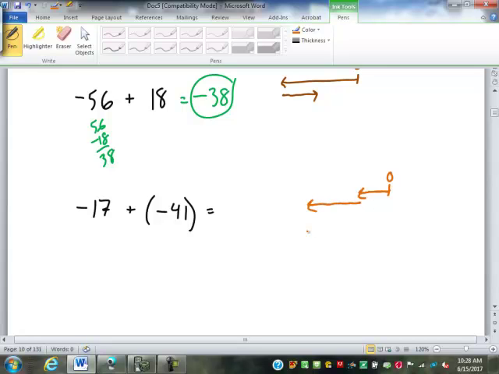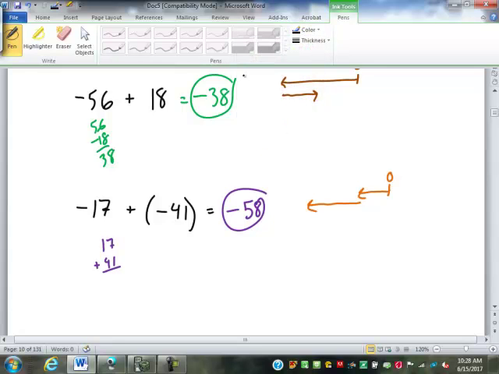So it doesn't matter if it's longer. It's the same direction, right? So that picture is telling us, again, negative, because we're on the negative side of 0. Both arrows go in the same direction, so what do you do with the magnitudes? We add them. 17 and 41 make 58, so it's a negative 58.